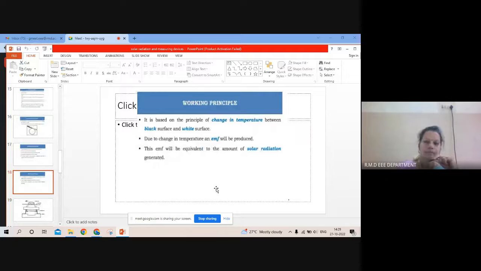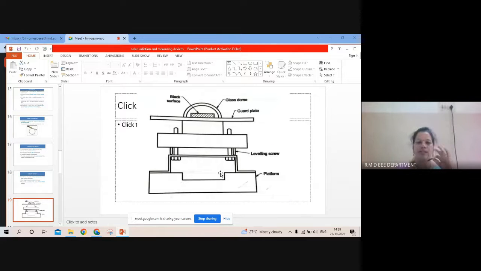It is based on the principle of temperature difference between the two surfaces of the sensing element, namely the black surface and the white surface. Due to the temperature difference, we all know that an EMF will be produced, and this EMF will be equivalent to the amount of solar radiation. So this is the diagrammatic representation for that.